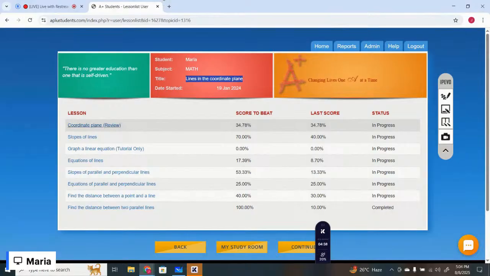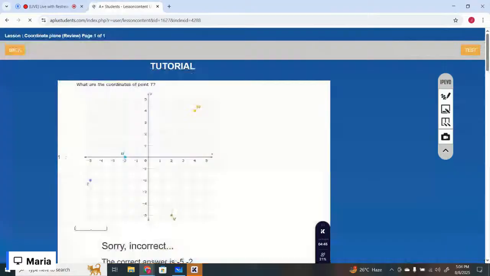Let's just start with the first lesson, that is coordinate plane. What are the coordinates of point T?